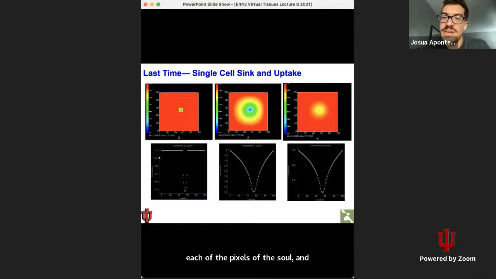What you see when you implement it that way is that the field remains constant throughout every one of the pixels that correspond to medium, and it decays in this concave way inside the cell as the cell uptakes from the field. So you can imagine that it's sort of like falling down a hole or a sink.